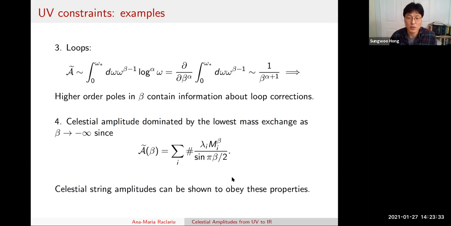Can I ask one quick question? In the previous two slides, you showed that in the field theory example, in the limit where s goes to infinity, in the case of pure scalar field theory, there is a positive pole that appeared in terms of beta, but then in the quantum gravity example, you don't get to see those poles.